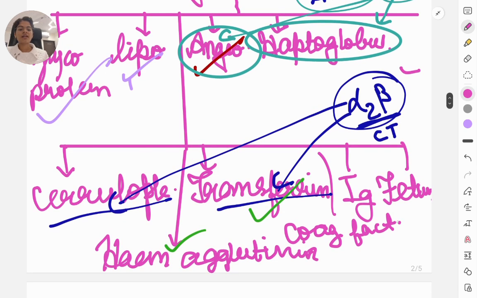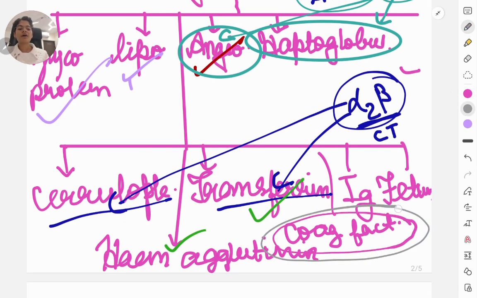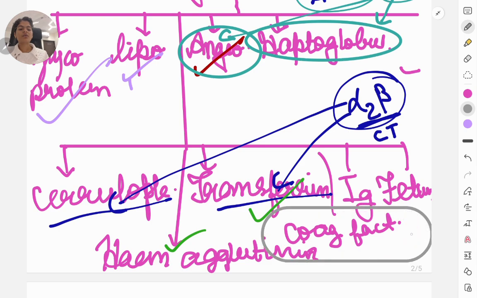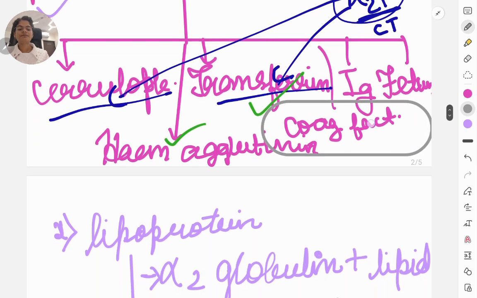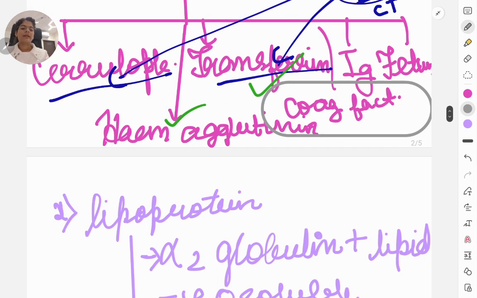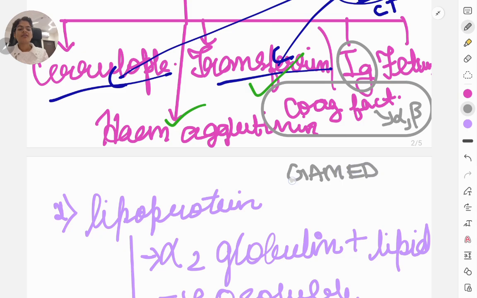Now next is the clotting factors. We know what clotting factors are in our body, and they are from alpha and beta globulins. Then immunoglobulins: keep in mind G, A, M, E and D, so IgG, IgA, IgM, IgE and IgD.